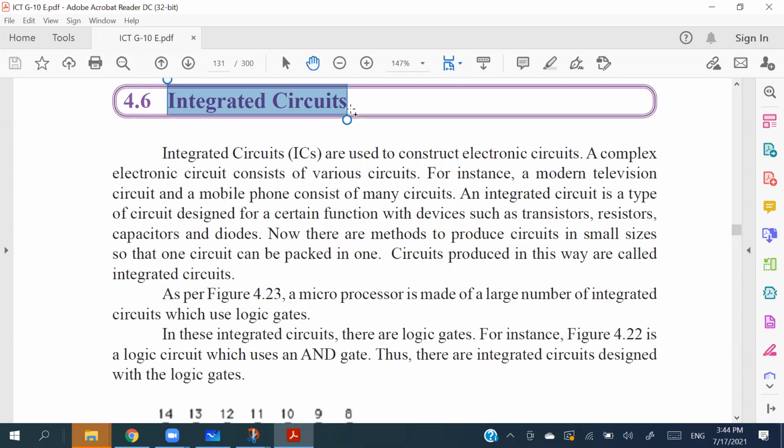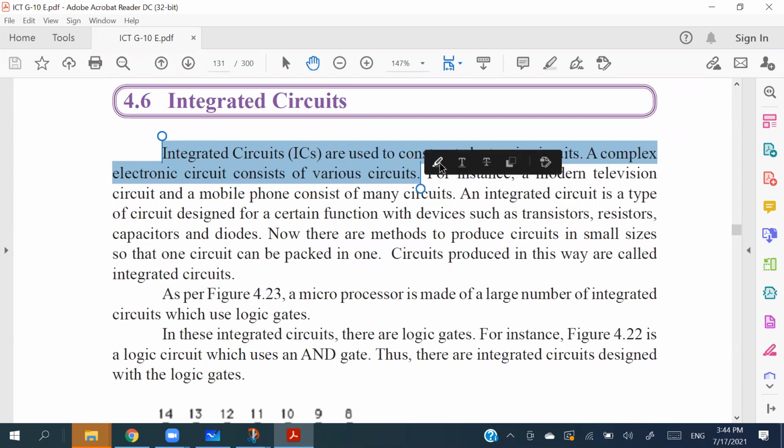It's better you start from here and have the first two lines copied.